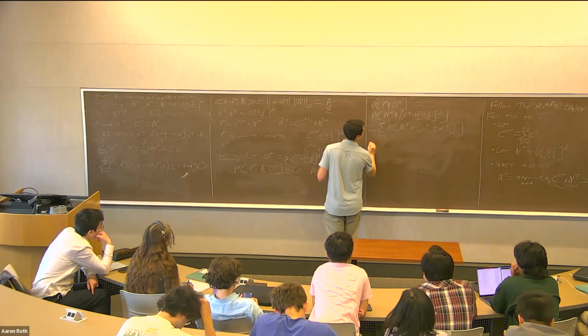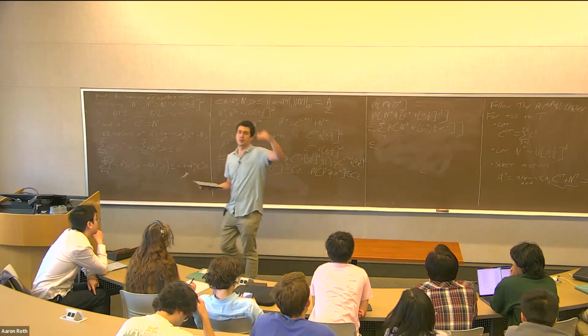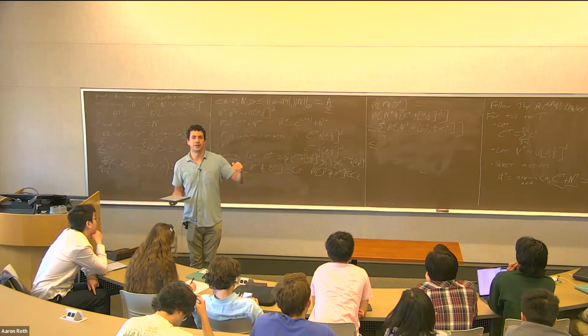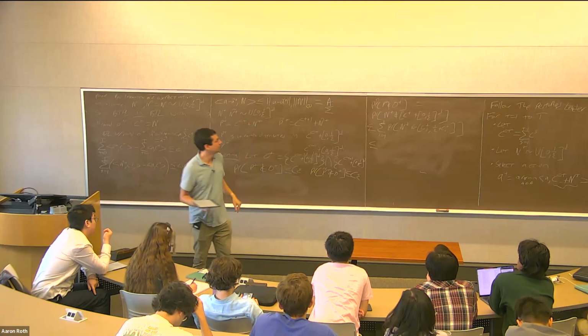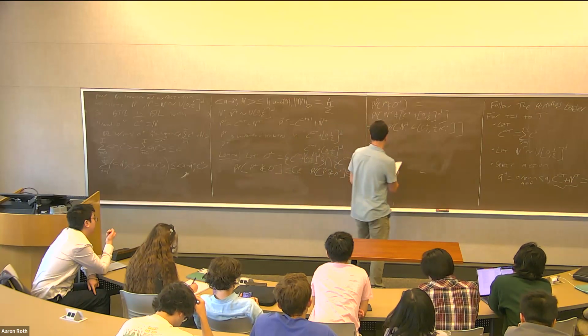But this is a uniformly drawn random variable. It's uniformly random between 0 and 1 over epsilon. So what's the chance that it doesn't fall into an interval that looks like this?